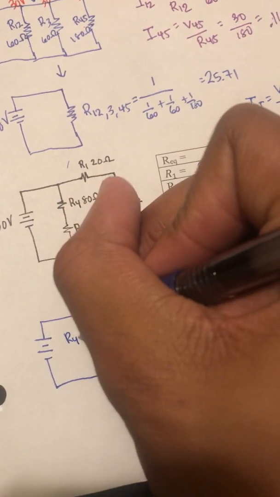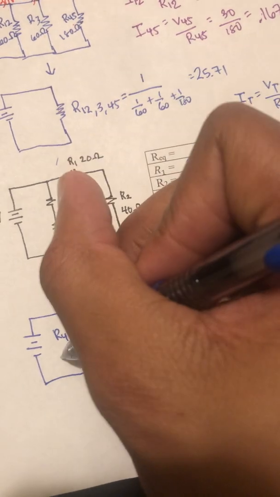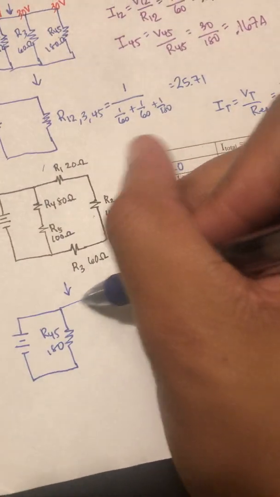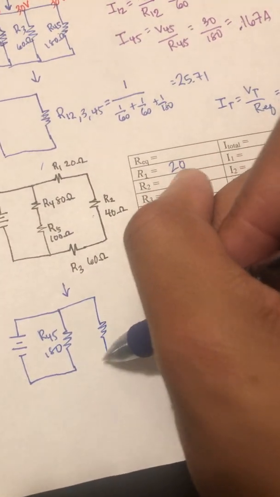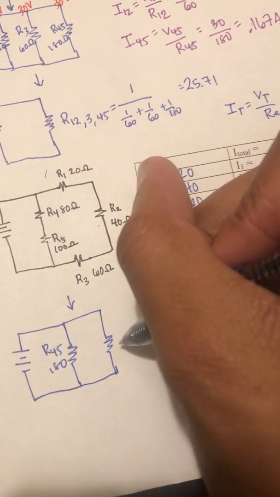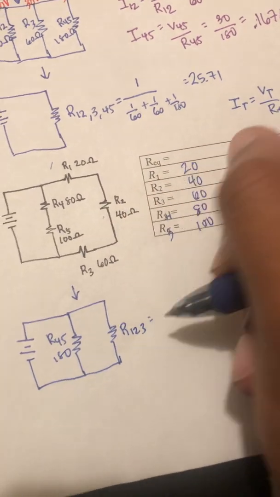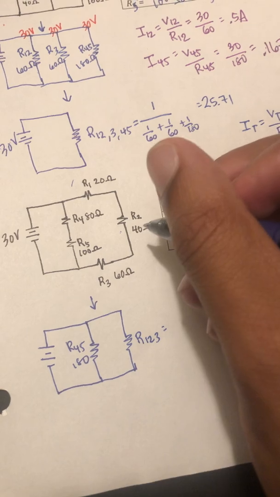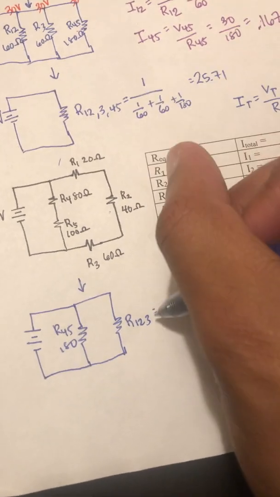This will be R4,5, which is 180. And this is R1,2,3, which is 60 plus 40 plus 20, which is 120.